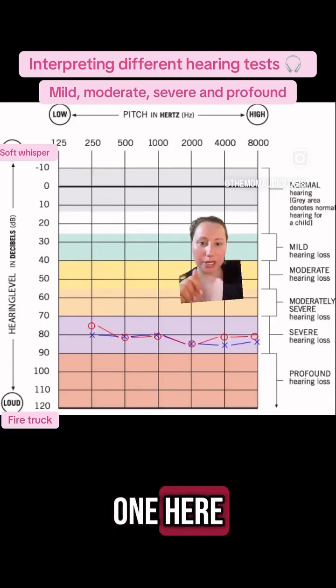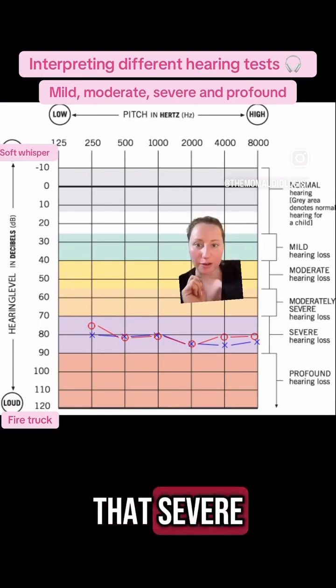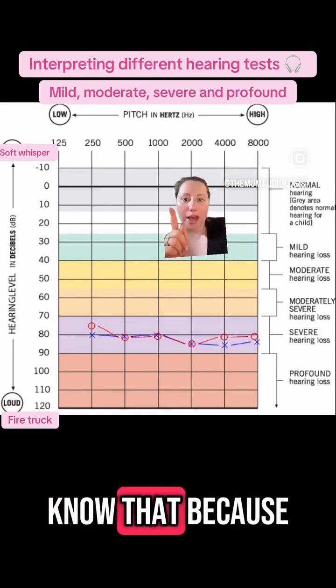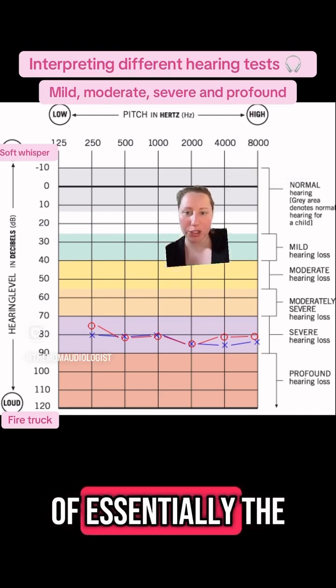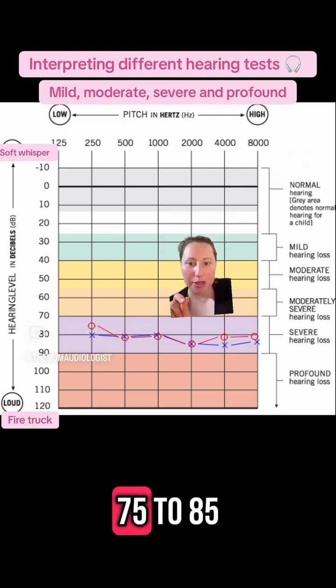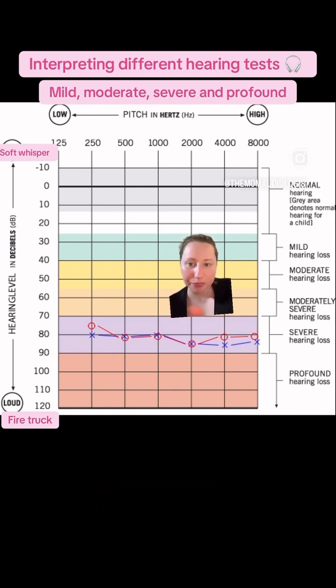Now for this one here, you can see that it's severe. We know that because it is essentially the same all the way across, in that 75 to 85 range in the decibels.